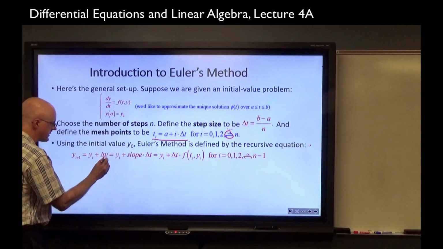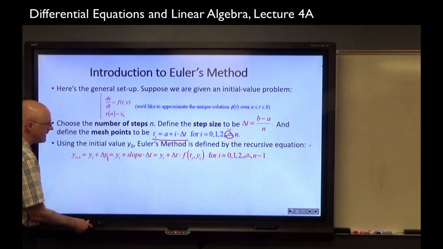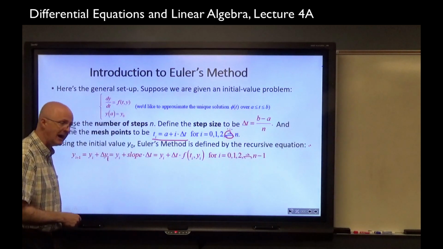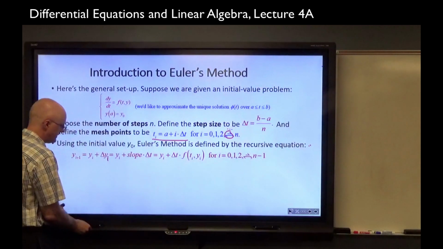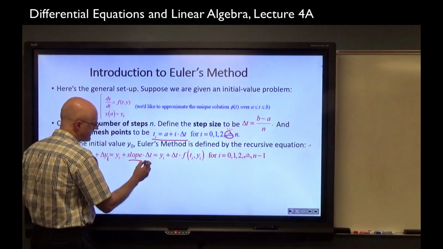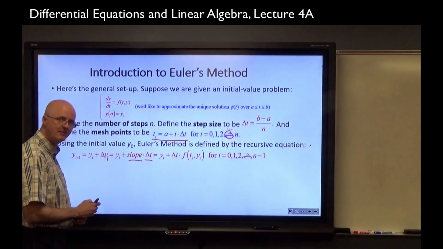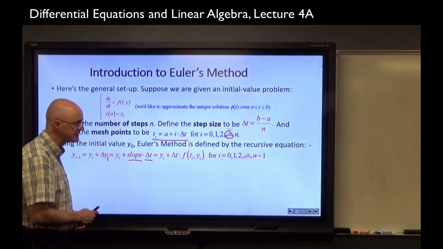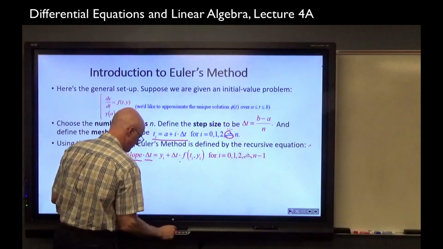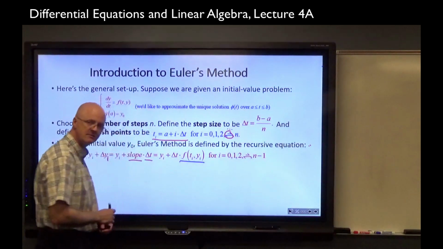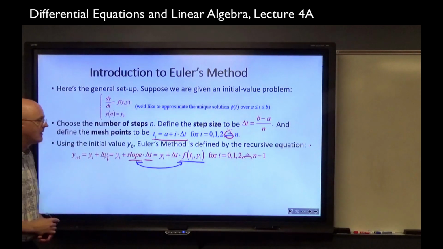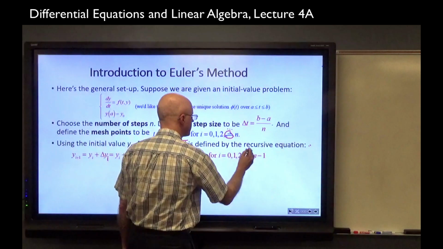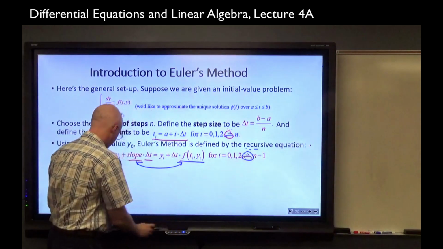I probably should have had a subscript here as well. And that change in y is approximated by the change in the tangent line. The slope of the tangent line times the change in t. Rate of change times time elapsed. But the slope is determined by the f right-hand side function. That's matching the slope there. Where i goes from 0 to n minus 1, again, there should be a dot, dot, dot there.